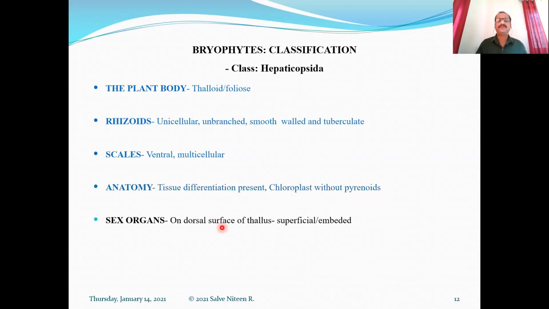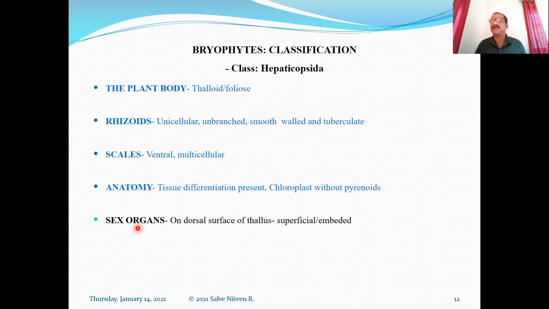Sex organs are present on the dorsal surface. On the ventral surface, there are rhizoids and scales. And on the dorsal surface, in the middle portion, the sex organs are present on the thallus. They are either superficial or embedded deep inside the thallus tissue, but the fact is that sex organs are always present on the dorsal surface of the thallus. The male sex organ is called the antheridium and the female sex organ is known as the archegonium.